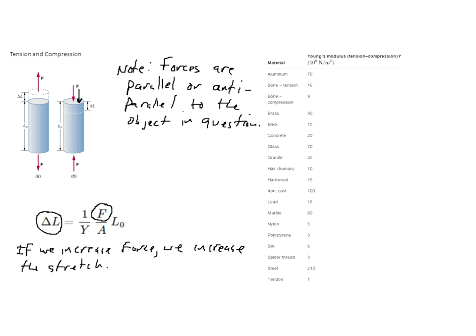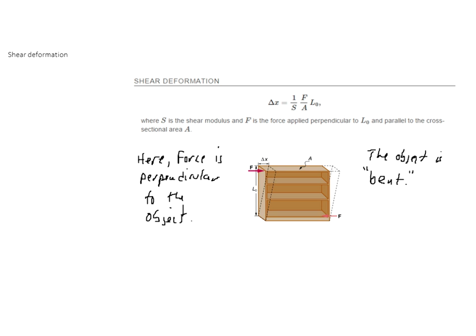It would make a tiny difference if we had a super sensitive instrument if we apply the force here or here, but for the most part, the assumption for this tension and compression is it doesn't matter where the force is applied. But here, it does matter where the force is applied.